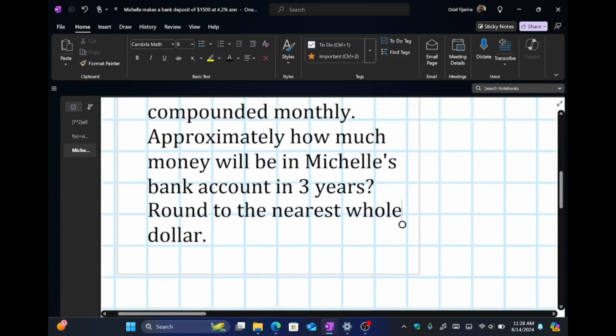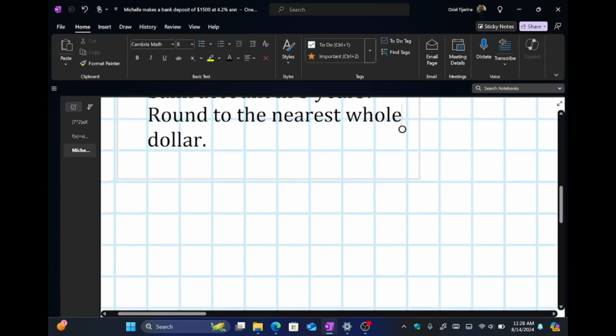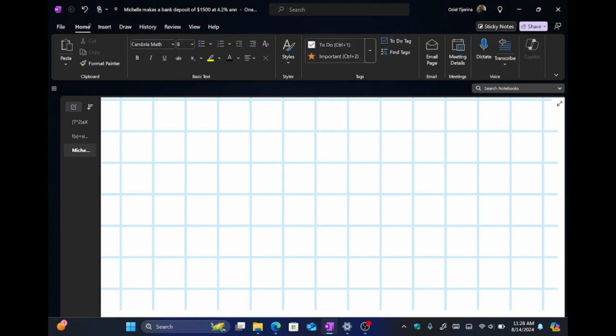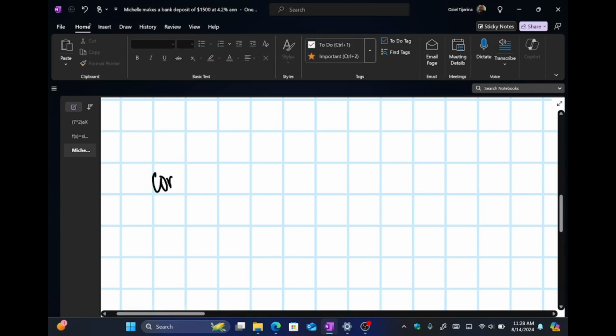One of the things we need to make sure we understand is the compound interest formula when it's compounded n times.